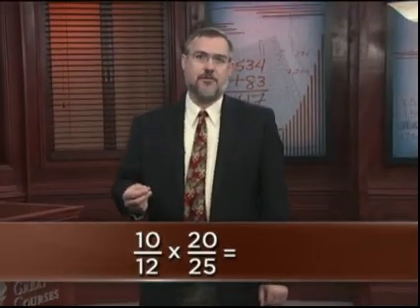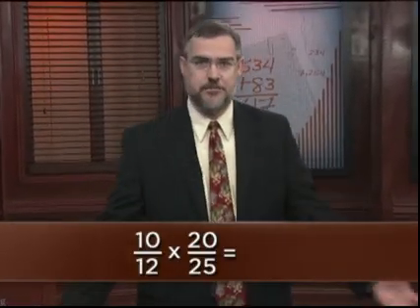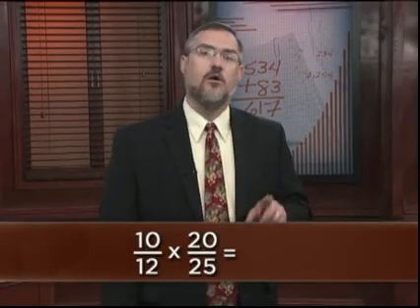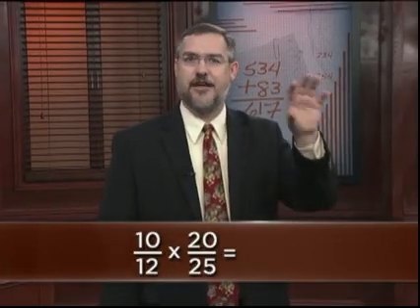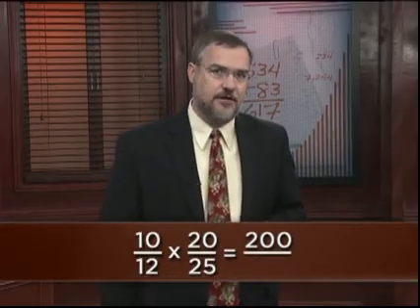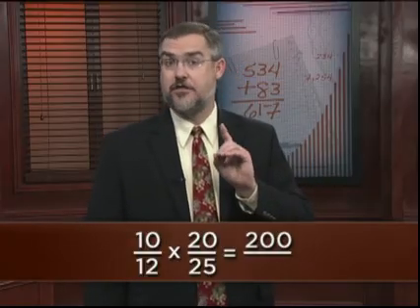So to do the problem the way we did before, we're simply going to multiply the numerators and multiply the denominators and make a new fraction out of those two numbers. When I multiply the numerators, I'm going to have 10 times 20, which is 200. And when I multiply the denominators, I'm going to have 12 times 25, which equals 300.